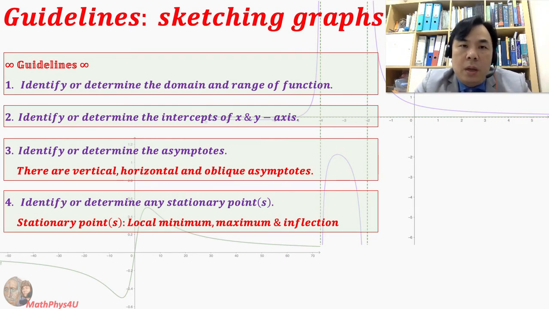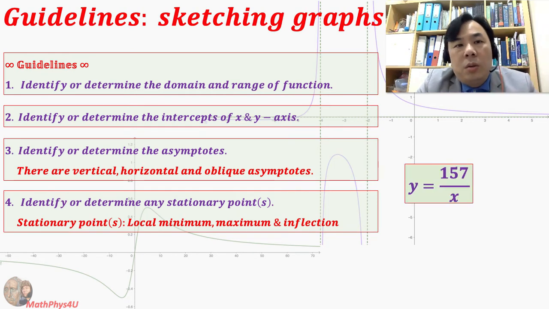The three types of stationary points that we are interested in are the local minimum, local maximum, and of course the inflection. These are the guidelines that we're going to use to sketch the first graph, y equal to 157 over x. Please stay tuned. I'm going to show you how we're going to apply these guidelines to sketch our first graph.